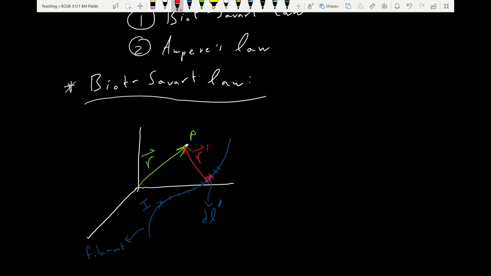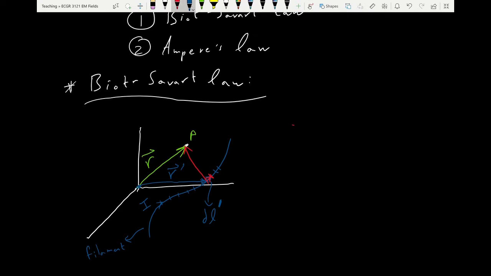Yeah, this element is a distance r prime from the origin. So r prime is the position vector for the source element, right?